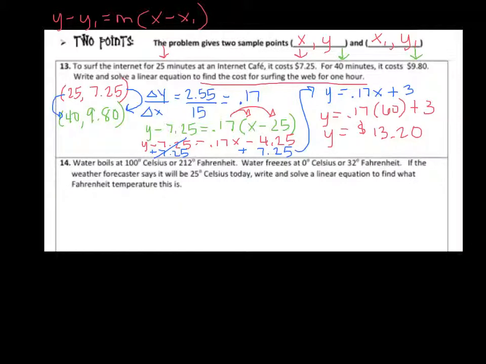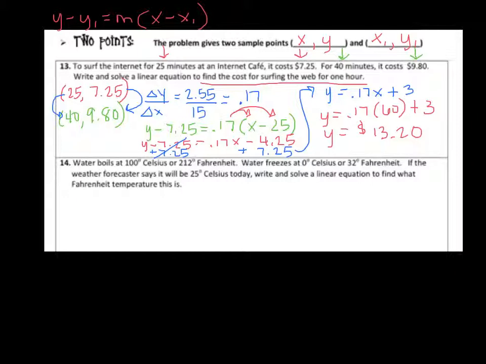Okay, so like I said before, this problem is a little bit more involved because they gave me 2 points. So I had to use those 2 points to calculate my rate of change. Remember, rate of change or slope is change in y. That's where I got this $2.55 over change in x. That's where this 15 came from. Then I divided and I got that it was 17 cents per minute. Then I used one of my points.